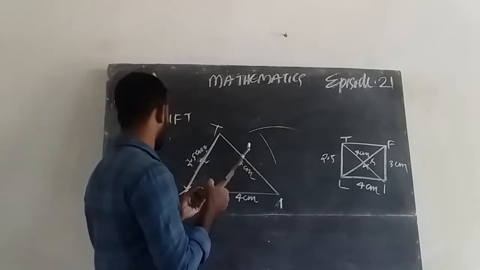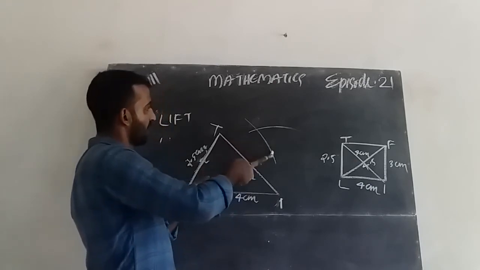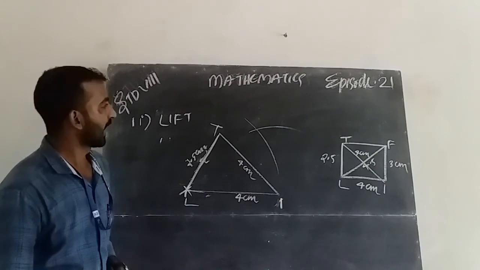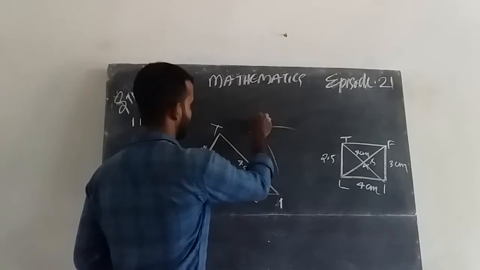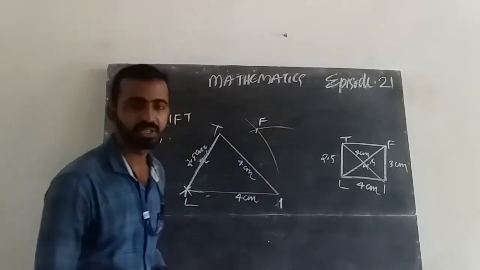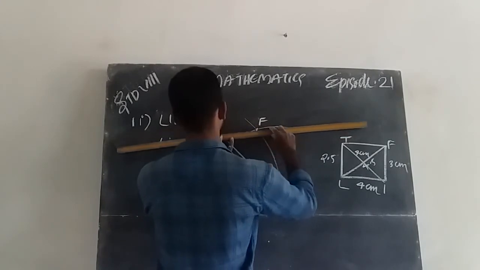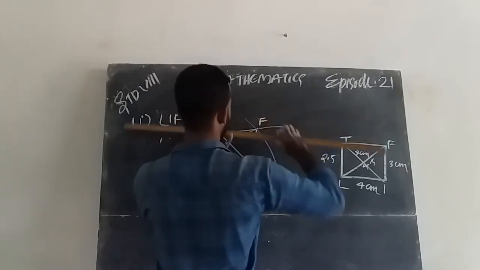So we extend the arc, then here is the intersection, that is F. That is the point F. We draw the lines TF and IF.